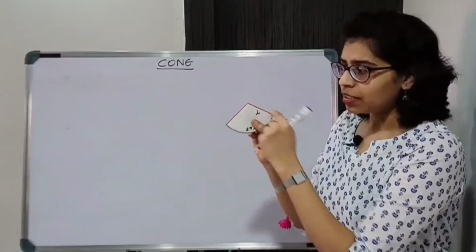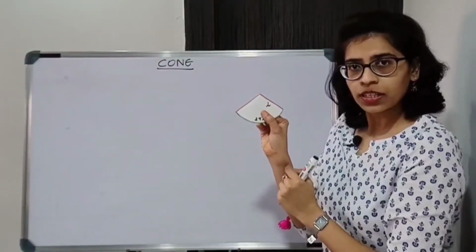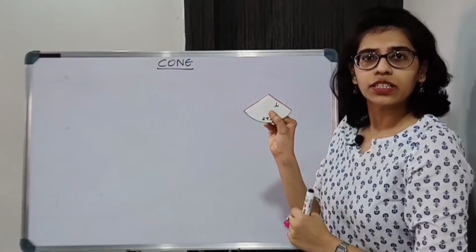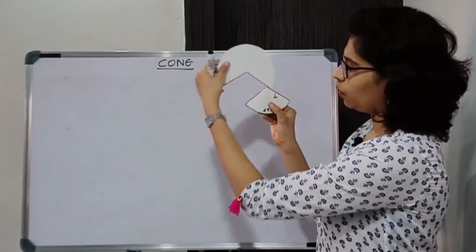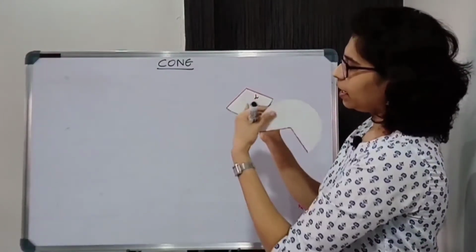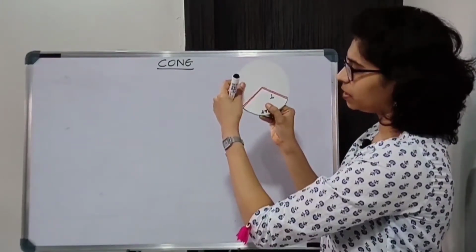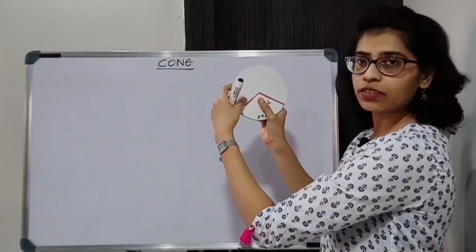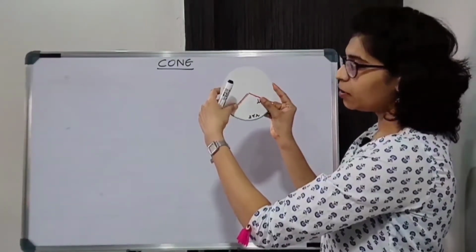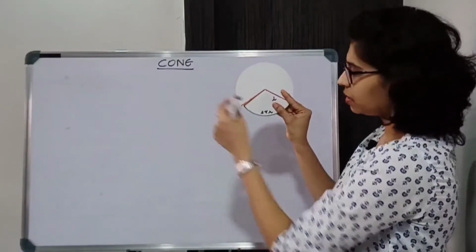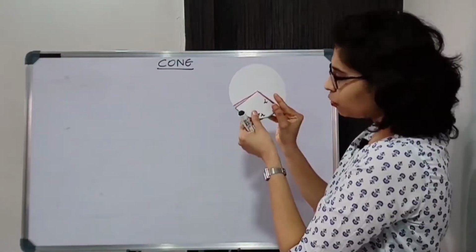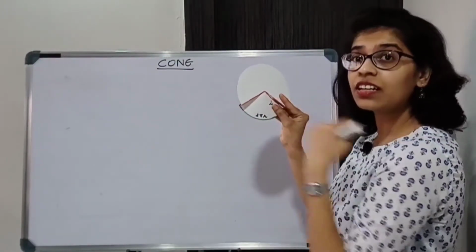Now its slant height will become the radius of the circle. Now if I use this length and form a circle with this, then what happens? This is a part of that circle, a sector of this circle. Now what will be the radius of this circle?